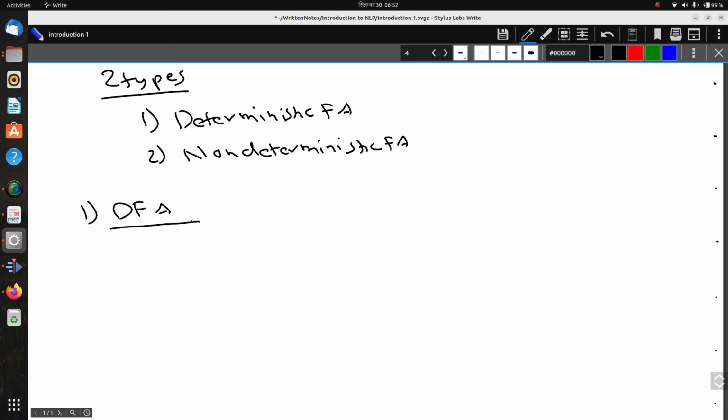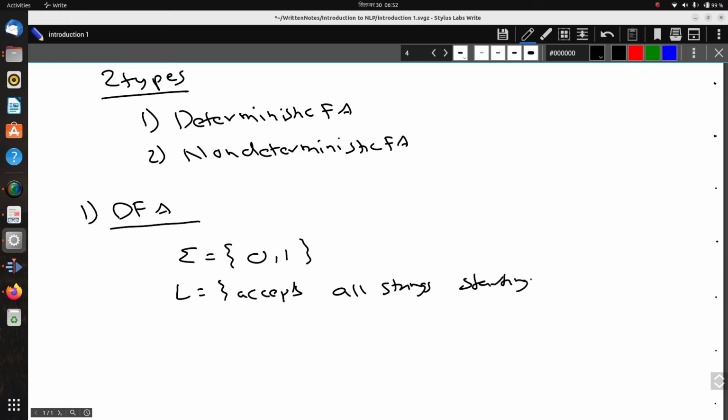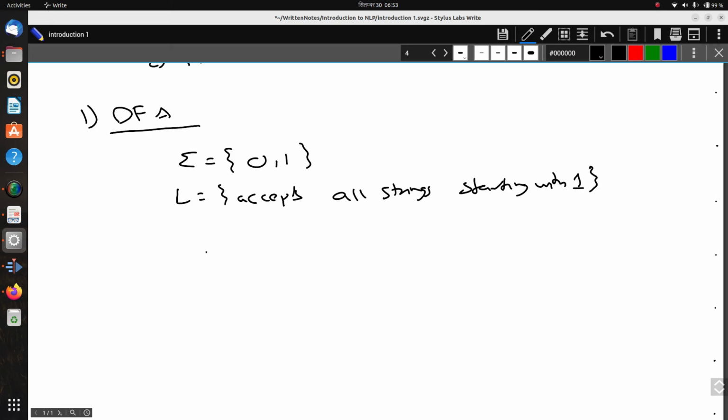So if I give an example of DFA, if I say my alphabet collections are 0 and 1, and my language accepts all strings starting with 1, then if I have to construct a DFA here, my Q0 is my initial state.